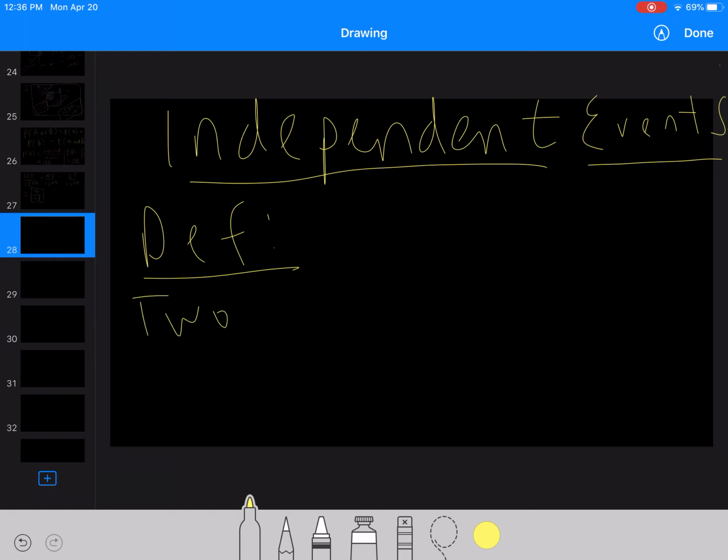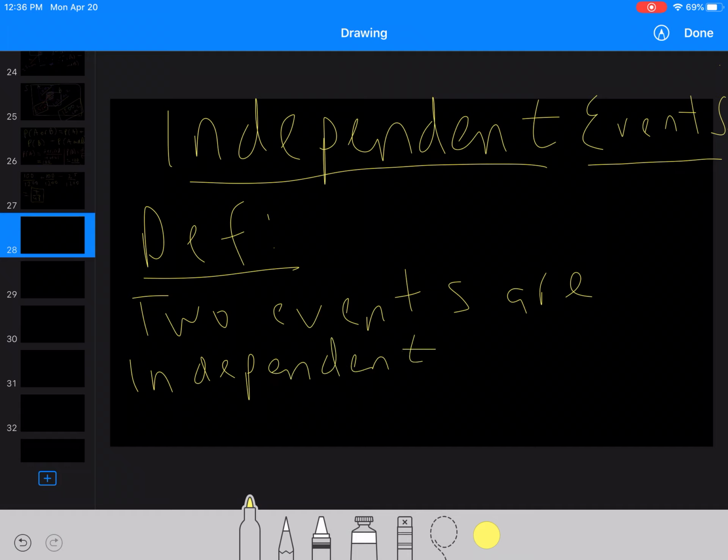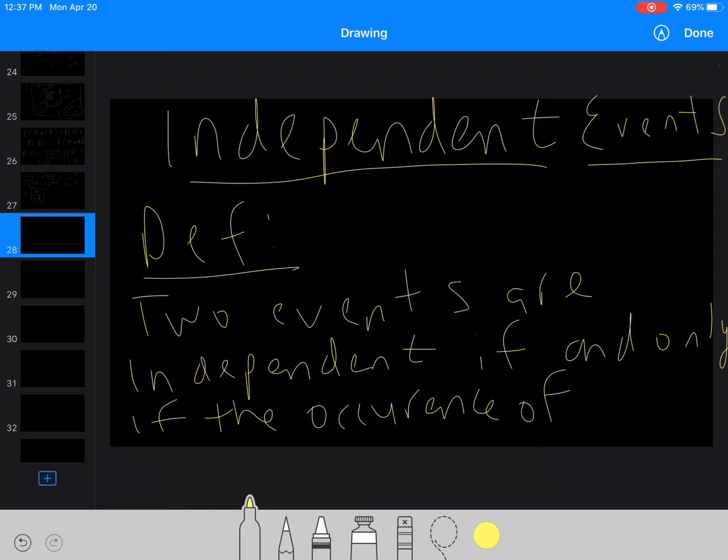Two events are independent if and only if the occurrence of one event does not affect the other.